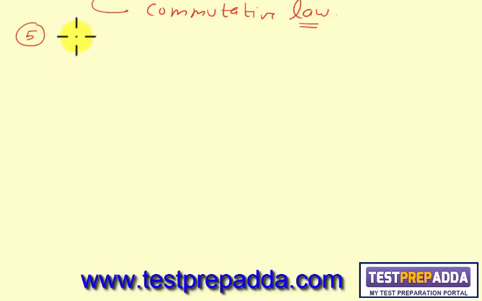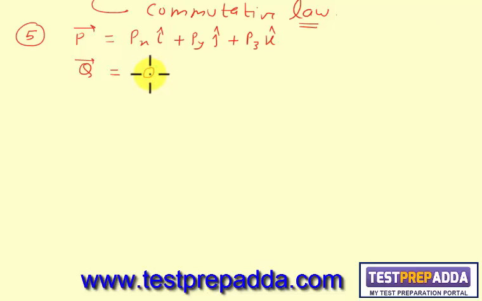For example, if vector p is given as px i cap plus py j cap plus pz k cap, and vector q is given as qx i cap plus qy j cap plus qz k cap, then what will be p dot q?